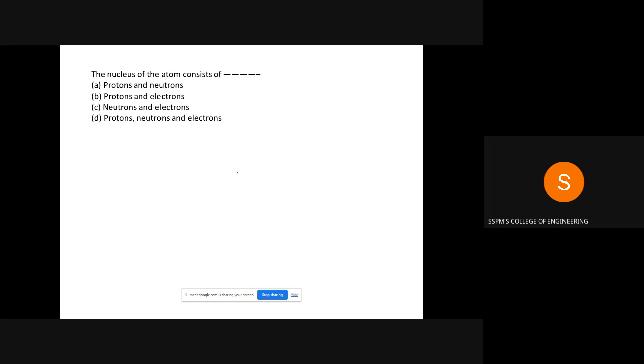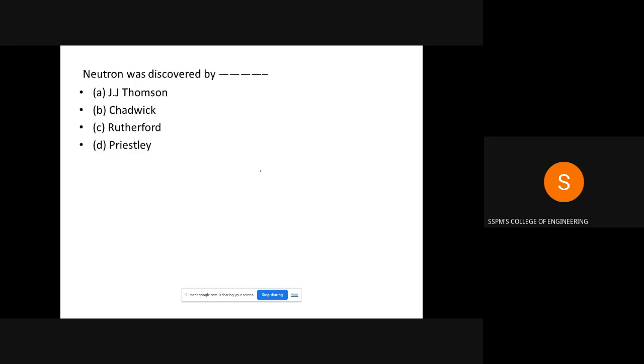Rutherford discovered the atomic model. The Rutherford atomic model is very famous. So neutrons were discovered by Chadwick, using beryllium. It was in 1932.